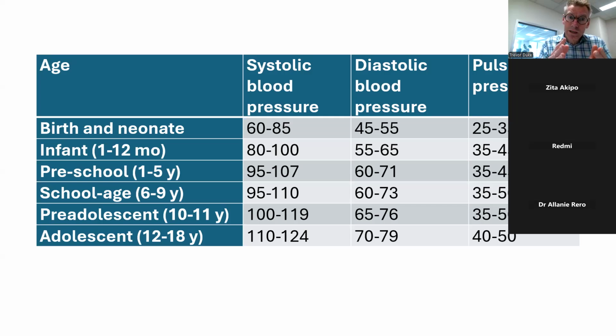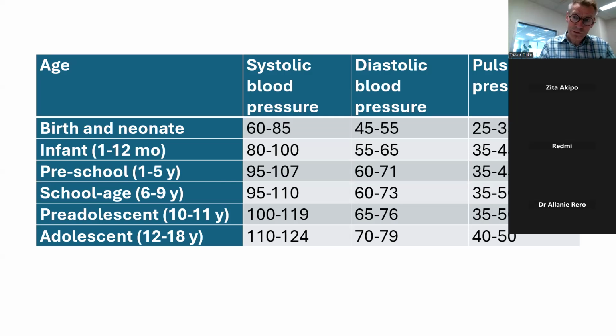When you've got a widely dilated circulation because of vasoplegia from sepsis or anaphylaxis or whatever, then your pulse pressure will be quite wide, and it might be 50 or 60.